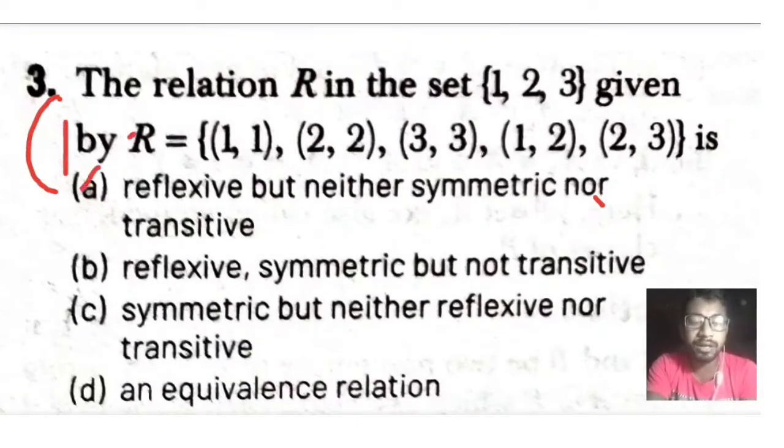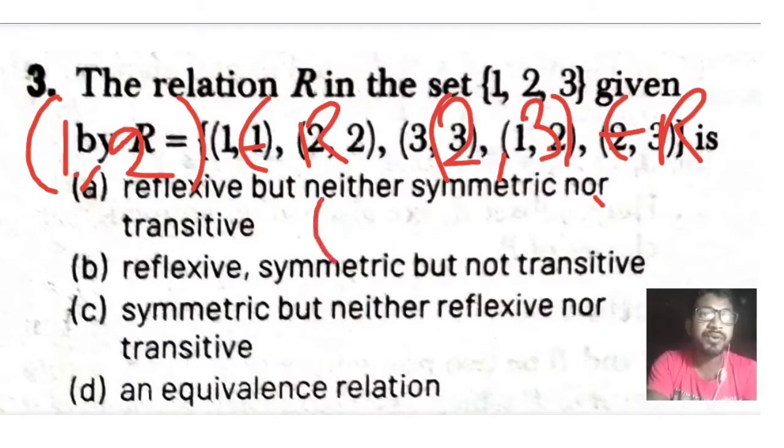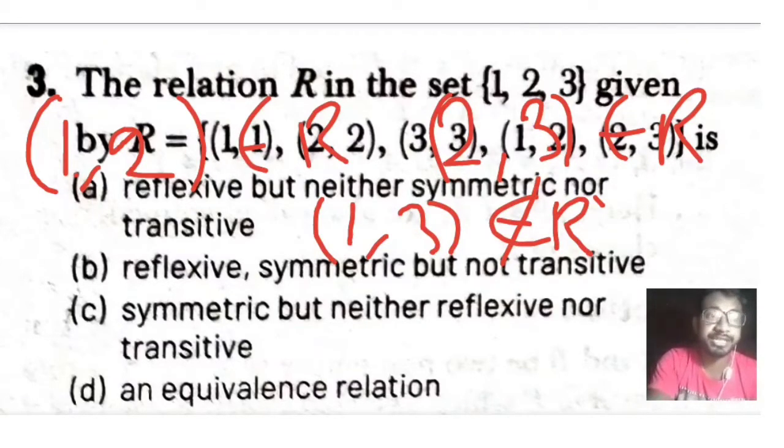First, (1, 2) belongs to R. Next take another element (2, 3). (2, 3) also belongs to R. So (1, 3) should belong to R. Is there any element (1, 3)? No. So (1, 3) does not belong to the set R. So this relation is not transitive. So this relation is only reflexive, neither transitive nor symmetric.